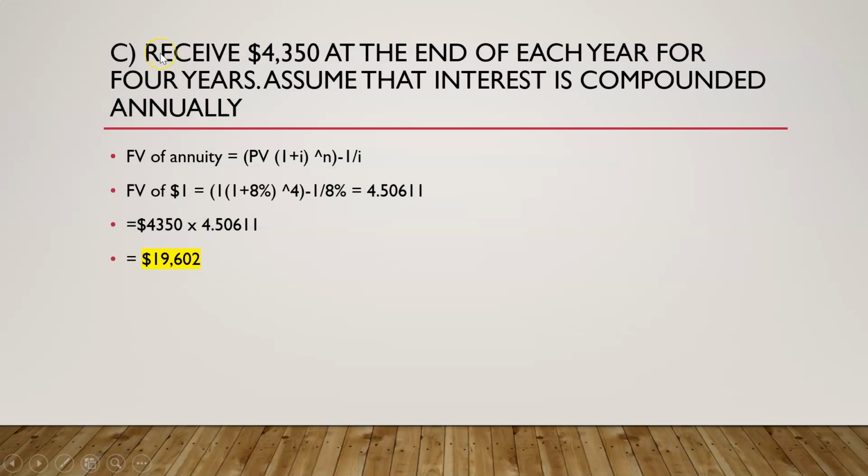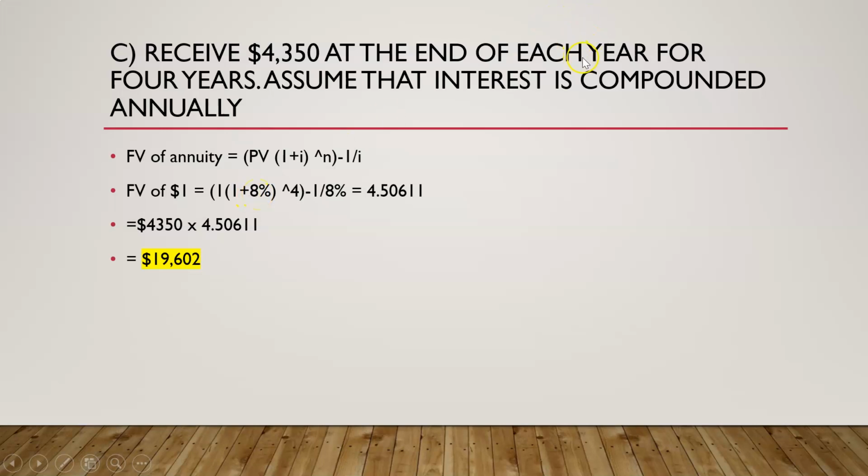The third option is almost the same as option B. The only difference is the payment will be made at the end of each year. So it says receive $4,350 at the end of each year for 4 years, assuming that the interest is compounded annually. The future value of annuity, we have described in our previous option. It's the same formula: present value times 1 plus interest rate to the power of number of years, minus 1, over interest rate. So we'll find the future value of $1, which is 1 plus 8%.